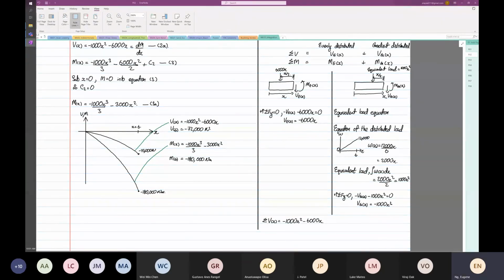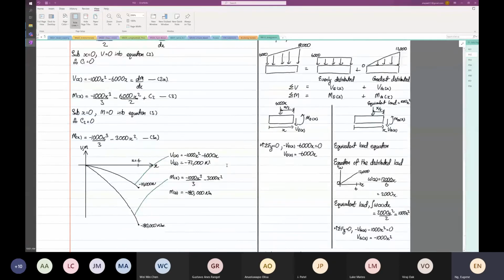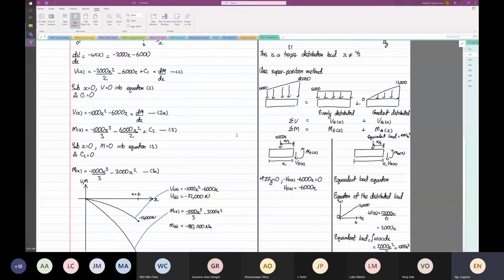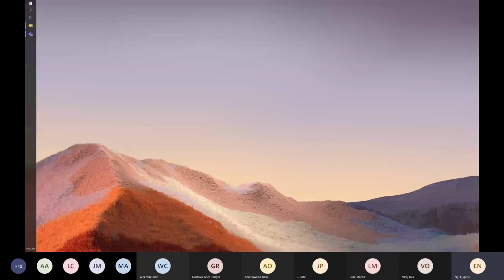Okay, so we have seen this before, right? If we were to go into the technique that we used earlier, we found that the equation is exactly the same. I'm going to highlight this equation over here in yellow.